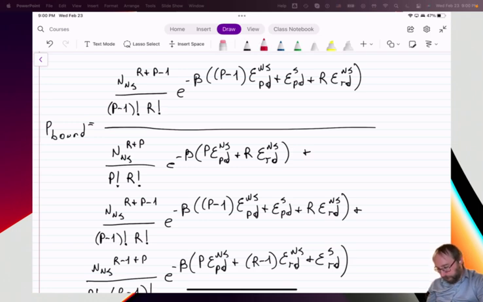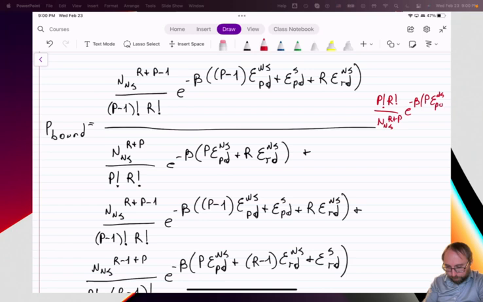I'm going to multiply by 1 in a very specific way, which is I'm going to multiply by P factorial R factorial divided by NNS to the R plus P times e to the plus beta P epsilon non-specific polymerase to the DNA plus R epsilon non-specific repressor to the DNA.